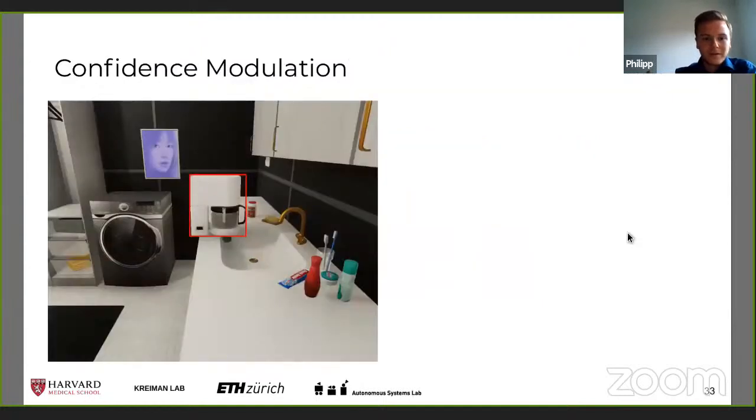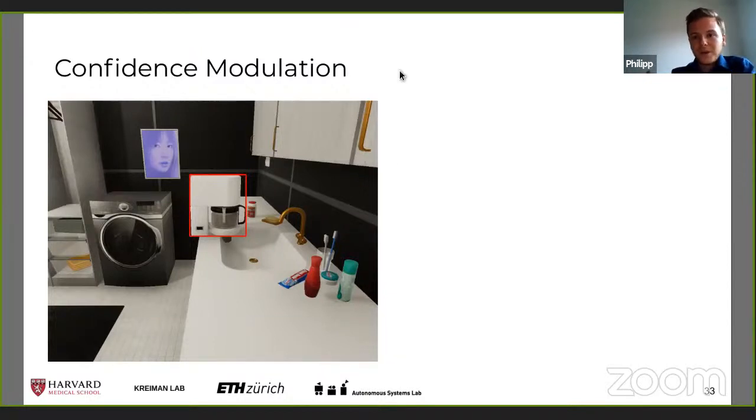So here I'm showing another out of context image. What that means is that we have a coffee machine, again in the bathroom, next to a washing machine and 2 toothbrushes. And if you imagine that we have a model that strongly relies on contextual information, then we would expect the model to be biased away or misled to make a false prediction here, because it just doesn't make sense that a coffee machine would appear in the bathroom.